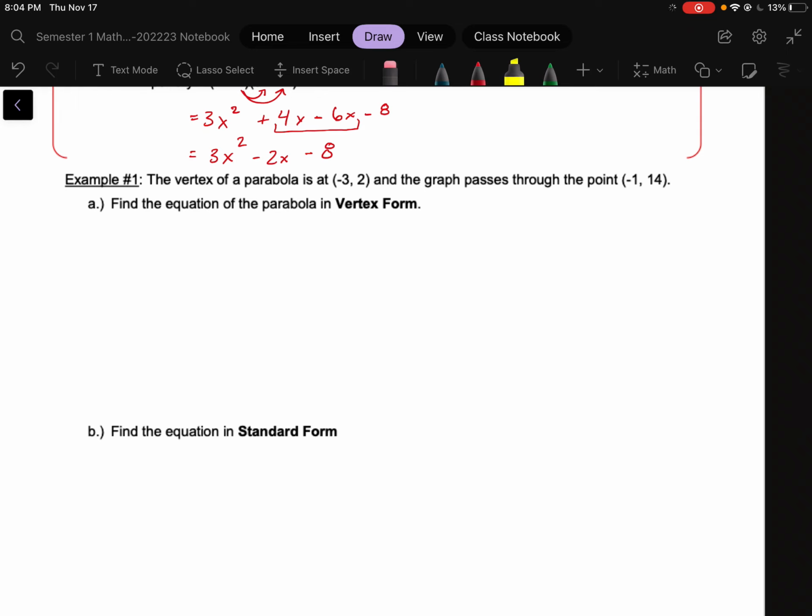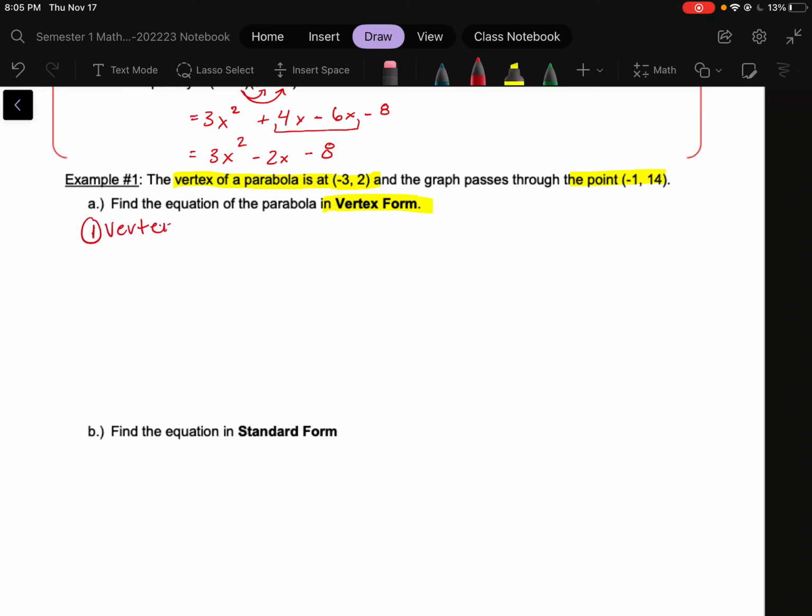So let's look at example 1. It says the vertex of the parabola is at negative 3 and 2, and the graph passes through point negative 1 and 14. Our part A is find the equation of the parabola in vertex form. So our first step is to always look at what our vertex is, and identify what we know.